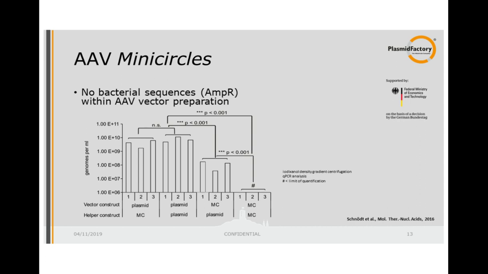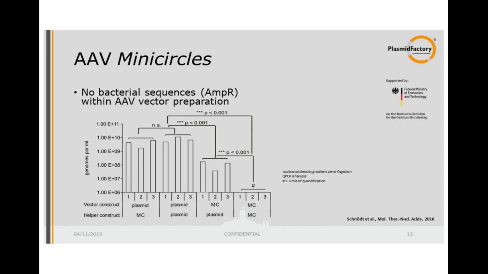If we combine the vector construct as a plasmid and the helper construct as a minicircle, we see this, as well as what I have presented before, plasmid and plasmid. But also minicircle and plasmid in the other combination shows still some wrongly packaged viral particles, but fewer if the vector construct is a minicircle.